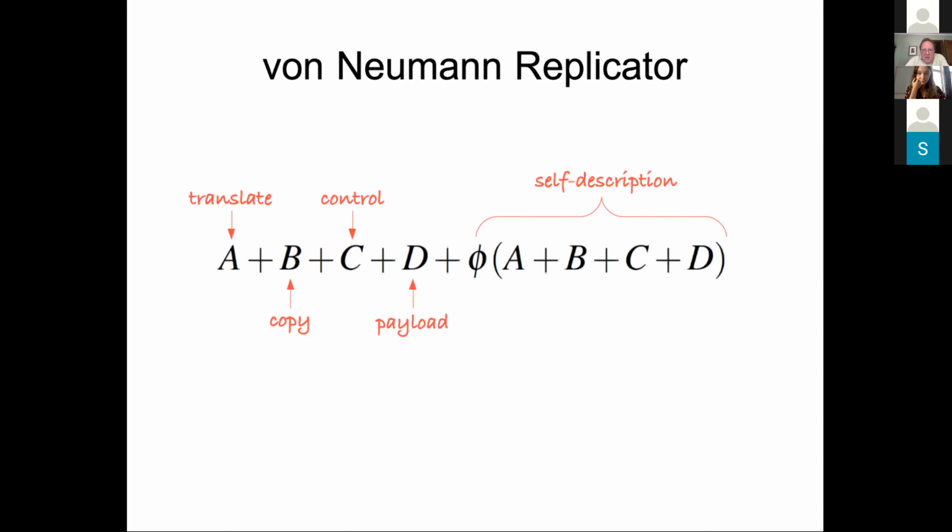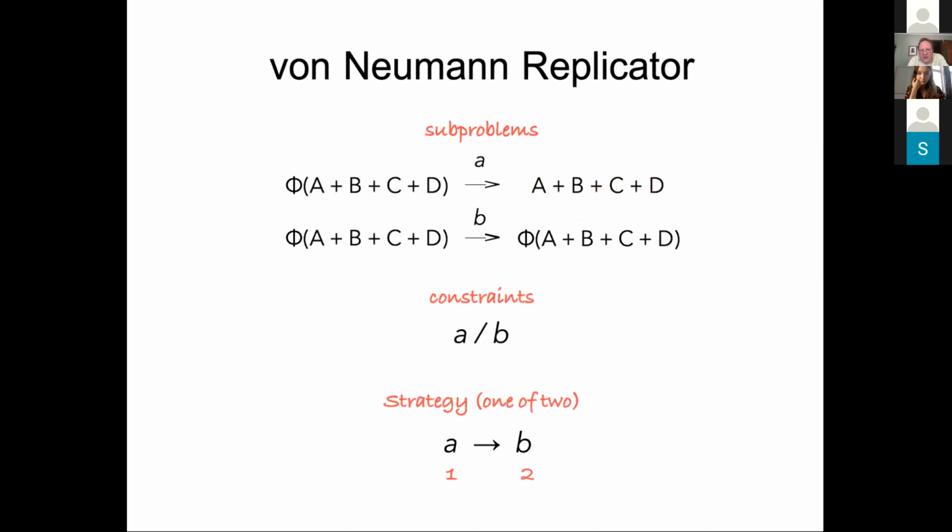But what about parallelizing the von Neumann replicator? Let's look at the 2 subproblems it has to solve. It has to solve the translation problem, producing the suite of programs from the self-description, and it has to solve the copying problem.